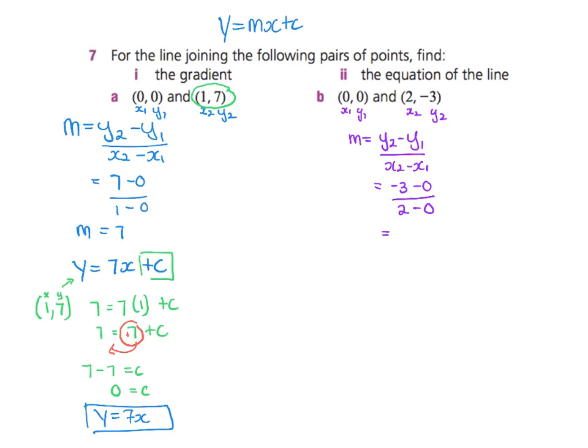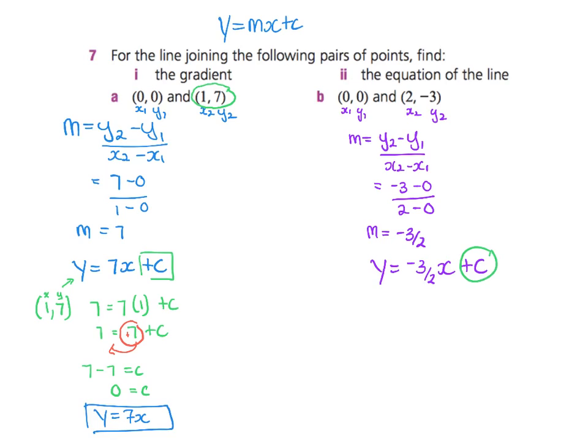So we've got that m equals negative 3 on 2. All right, so now you know that the equation so far is negative 3 on 2x plus c.